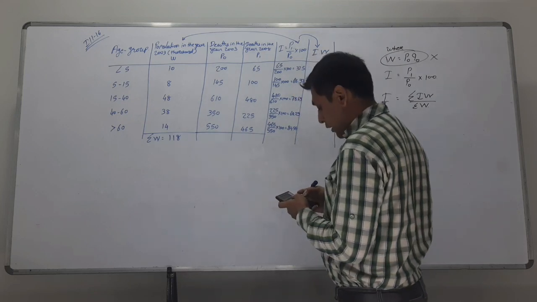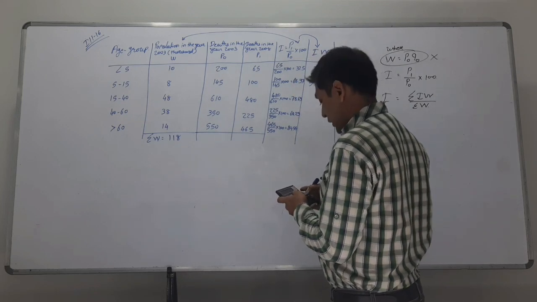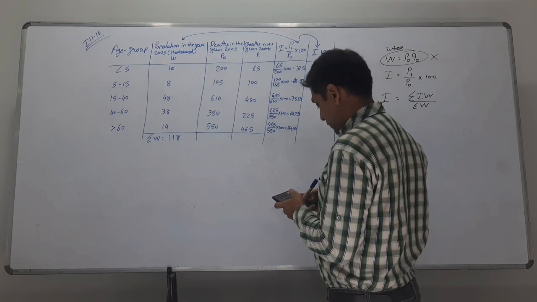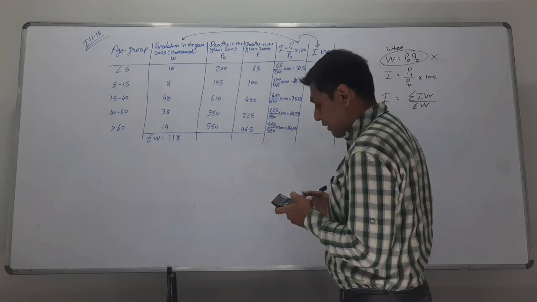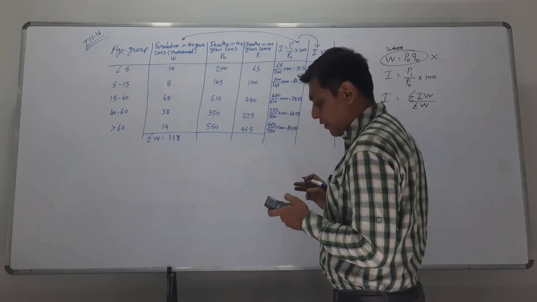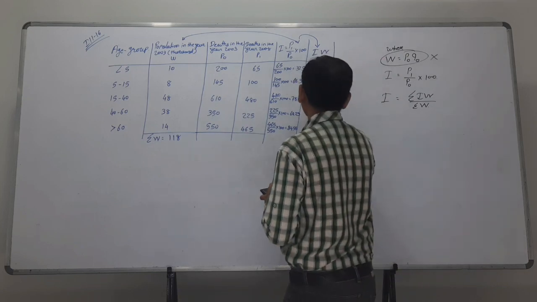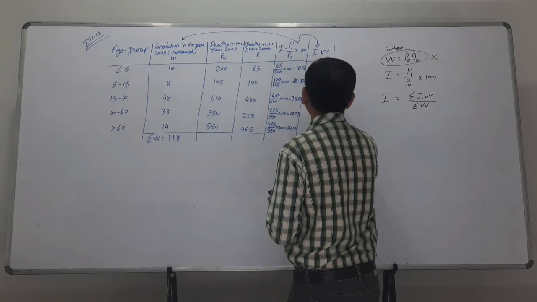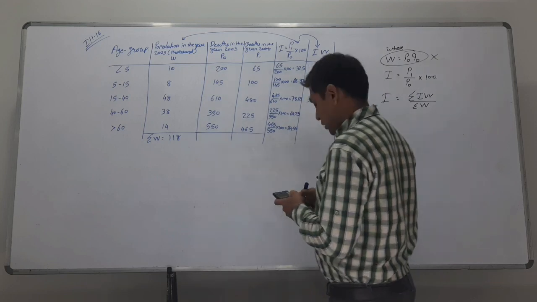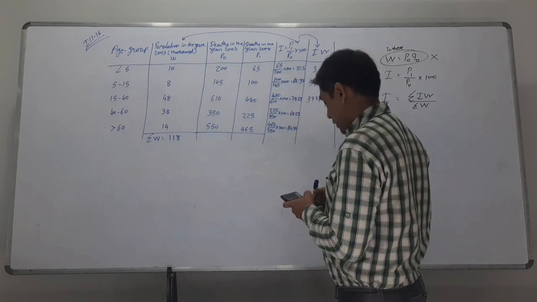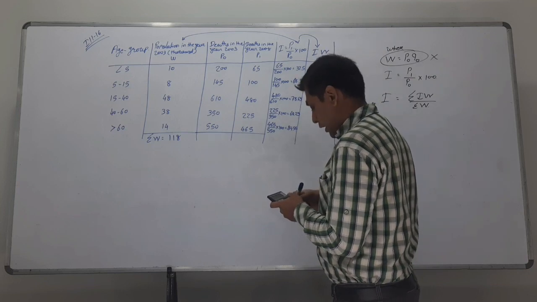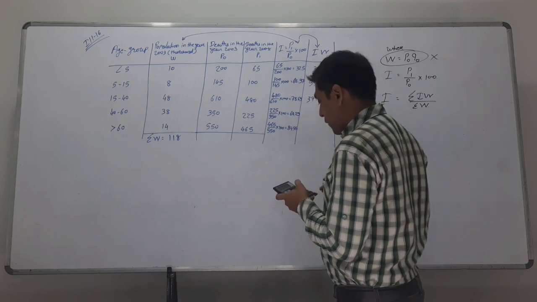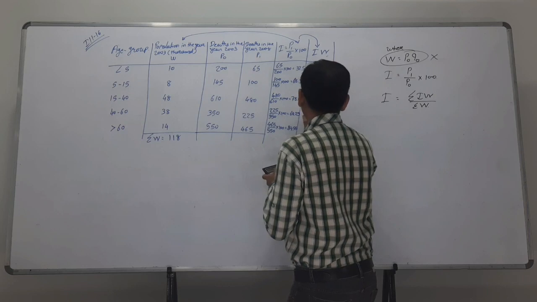Then 48 into 78.69, 3777.12. Next 68.29 into 38, that is 2595.02.